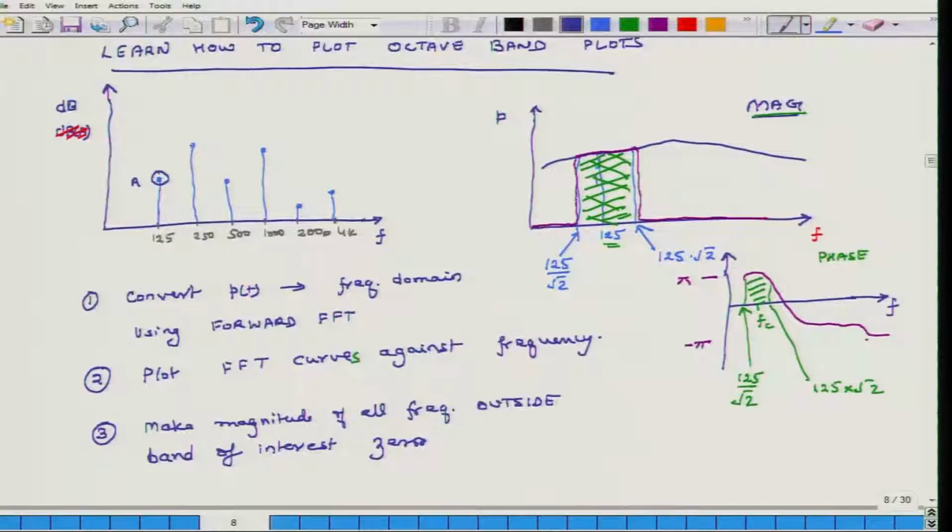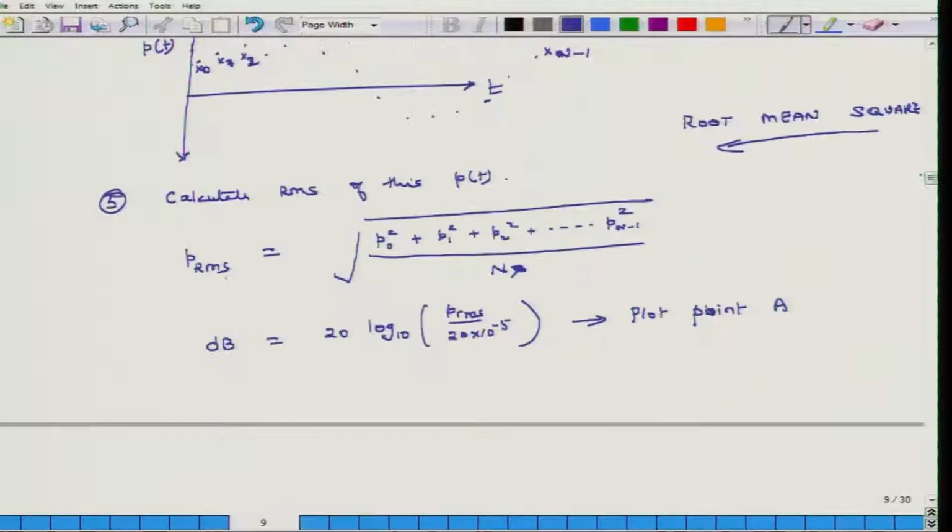Next thing I have to do is plot another point, let us say this is point B. How do I plot point B? I do the same thing. In the other case, I make this new band and I make the magnitude of all other frequencies outside this band 0, take the inverse transform, get PRMS, and I plot dB for point B.